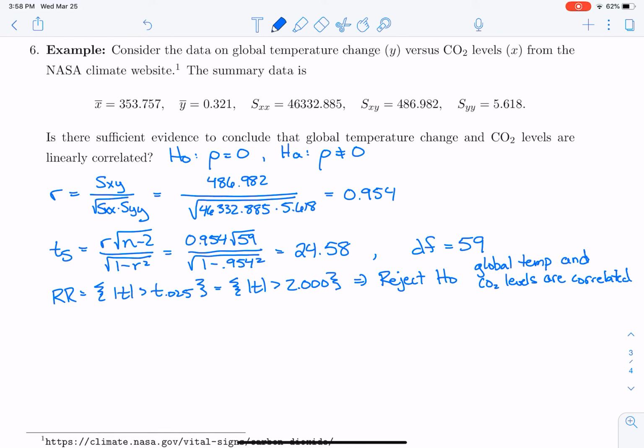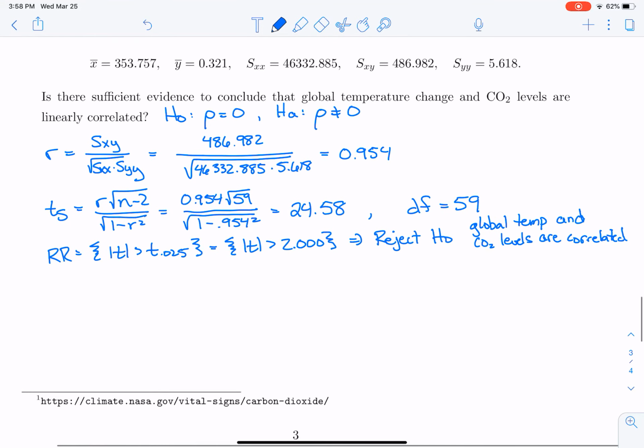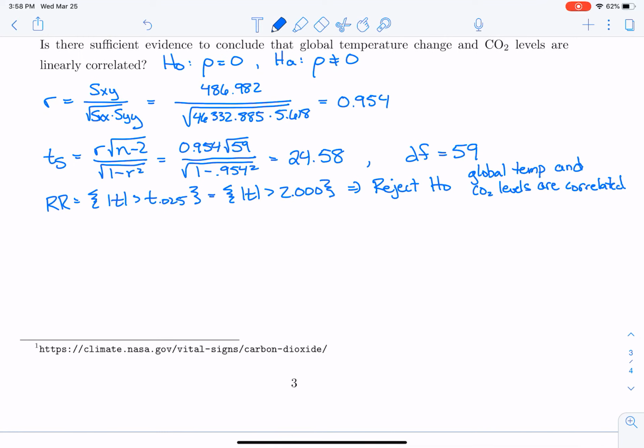Okay, well, what else can we say? Well, r squared in this case is 0.911.